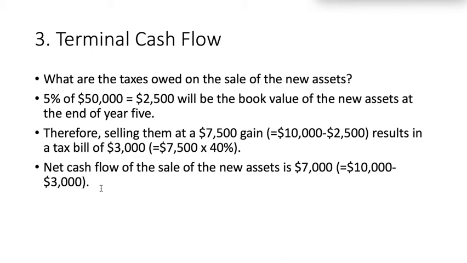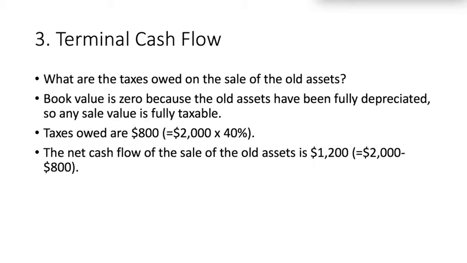So the net cash flow of the sale of the $10,000 is actually only $7,000 because there's $3,000 that is due in taxes. Okay, so what taxes are owed on the sale of the old asset? Well, the old asset has been fully depreciated. So on the balance sheet, the value is 0, right?